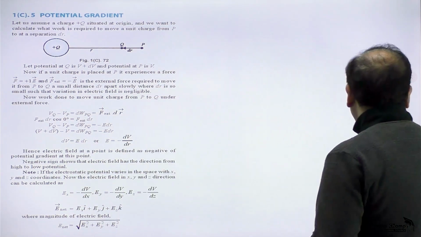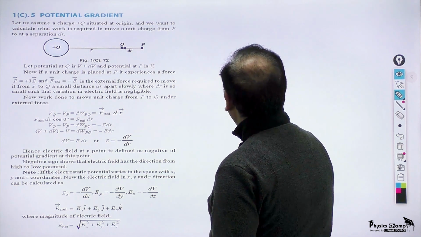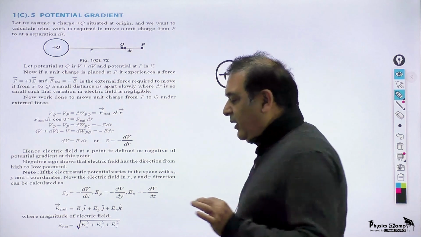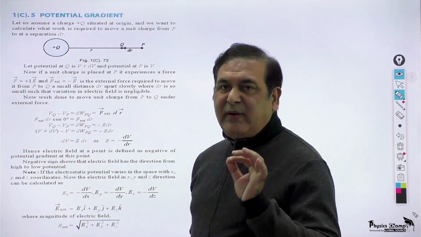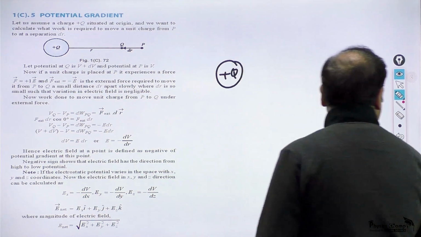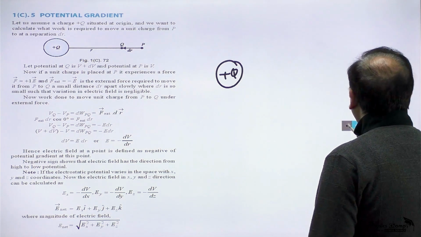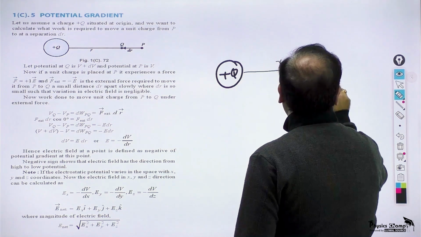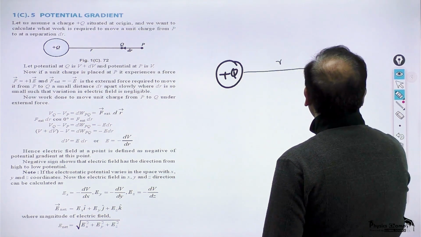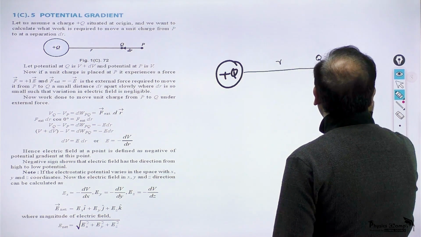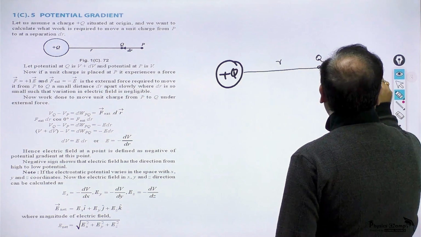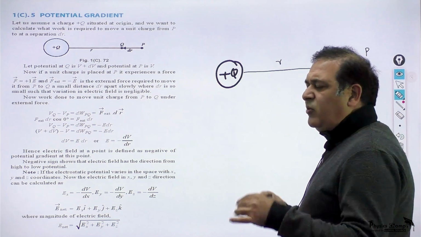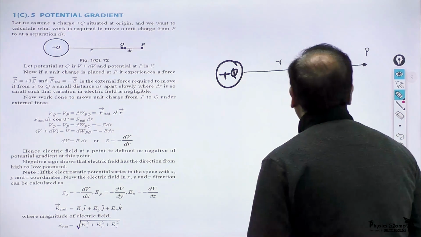To understand this, let me first assume we have a charge Q. It's a very simple expression, but it will take you to another level of understanding. You have a charge Q, and at a distance r from here, we have a point, say Q, and then at a distance dr further, we have a point, say P. Let me assume the kind of potential we will get over here.